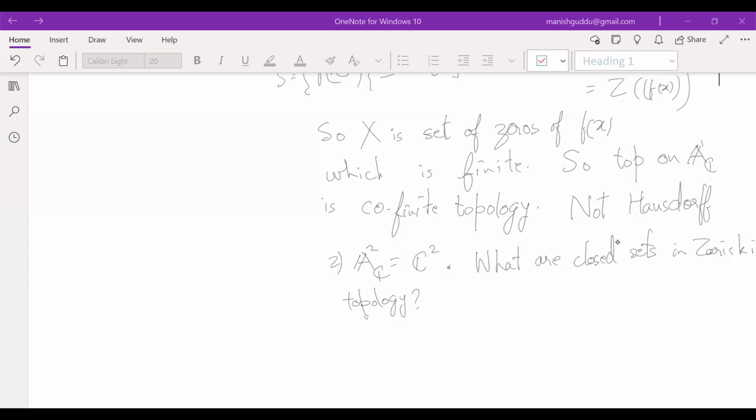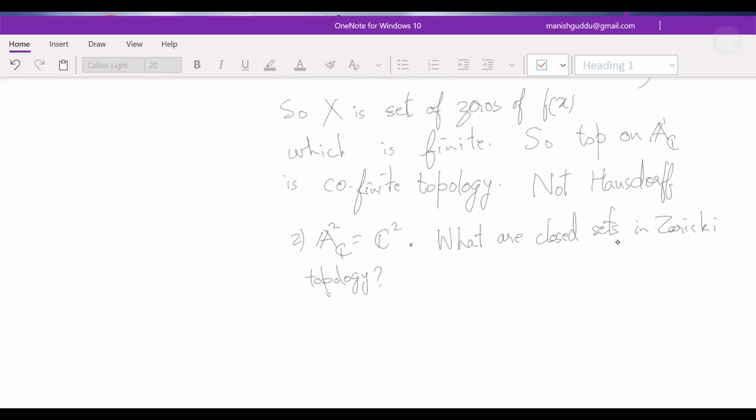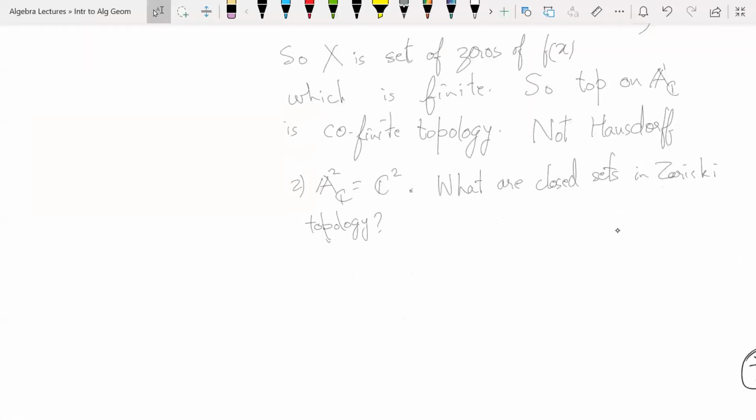Let's continue. What are the closed sets in the Zariski topology in A2C? Some examples: you can take the zero set of some polynomial, and now the polynomial happens to be in C[x,y]. Instead of writing x1, x2, I'll write C[x,y].